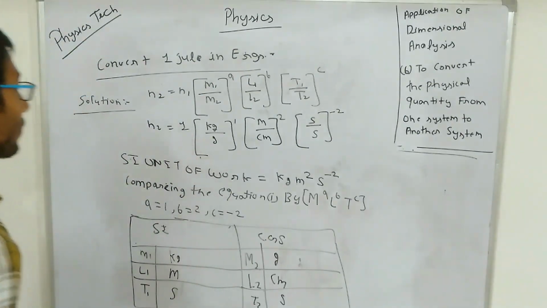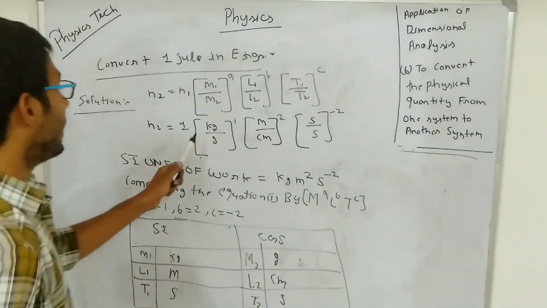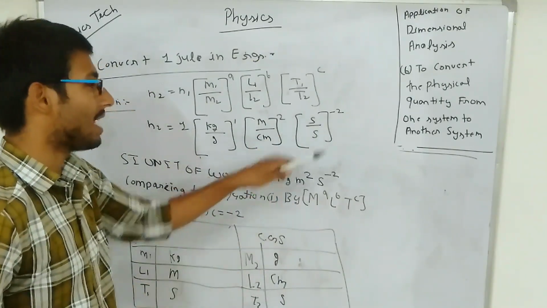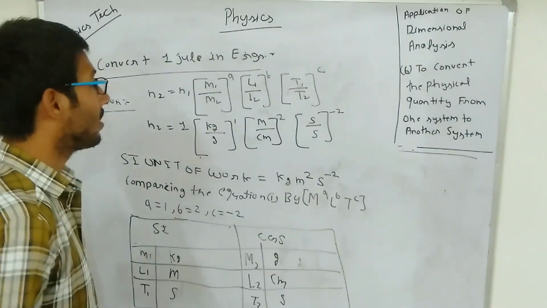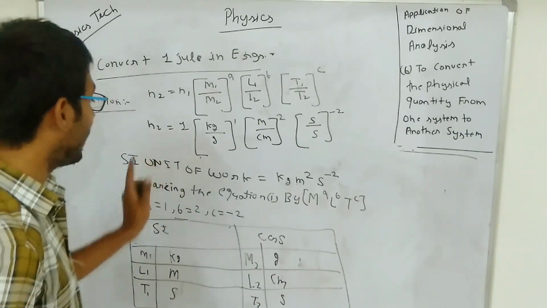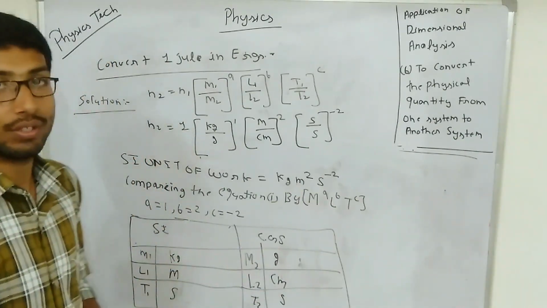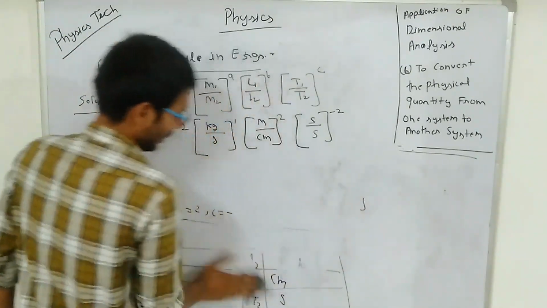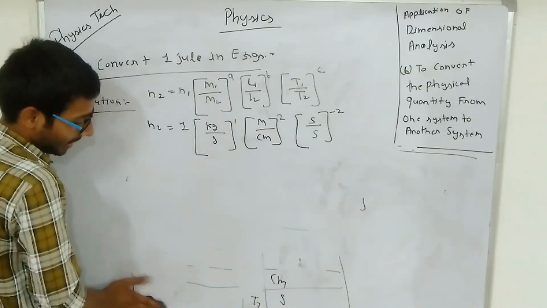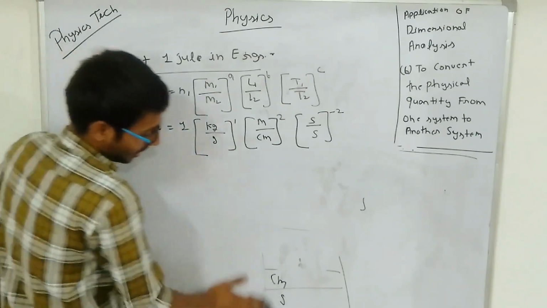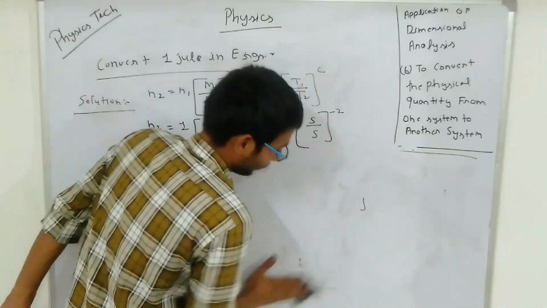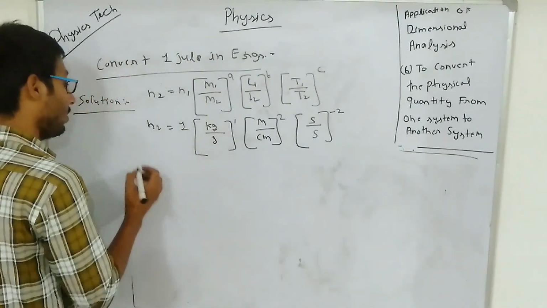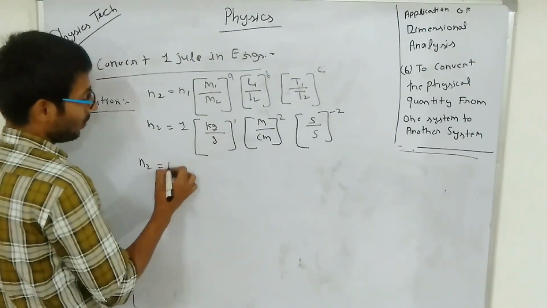Now convert kg into gram and meter into centimeter; seconds are the same, because our aim is to convert the SI unit into the CGS unit. Now we put N2 is equal to 1.